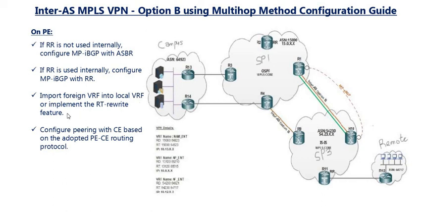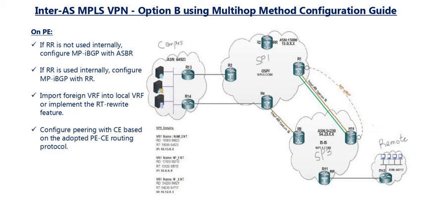And so you can either use the import statement in the VRF configuration, or you can rewrite the RT, as I've shown you in one of the previous videos as well. So doing this makes it easier for you to inject the remotely learned LAN route into the local VRF, and that makes it so easy without you bothering to do any form of route leaking into the local VRF on the PE.